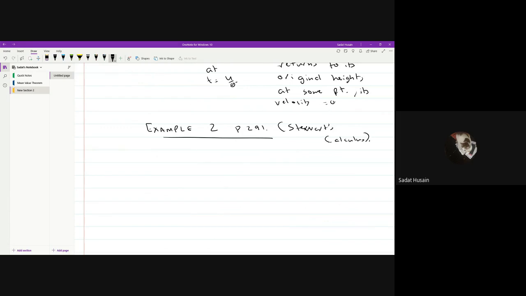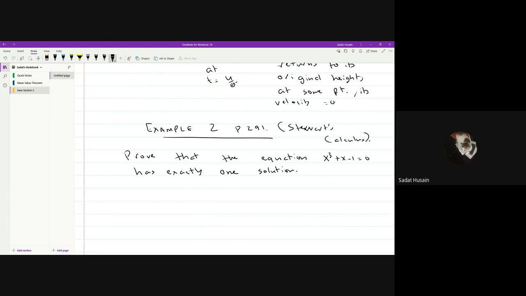So what does the example ask? Prove that the equation x cubed plus x minus 1 equals 0 has exactly one solution.